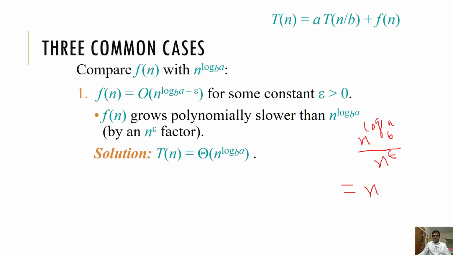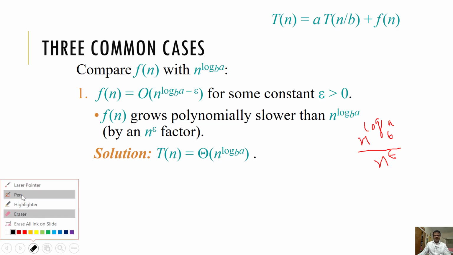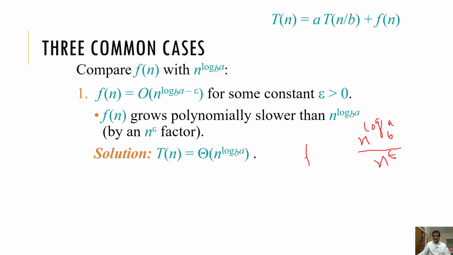So Fn is less than some constant fraction c times n to the power log a base b minus epsilon.